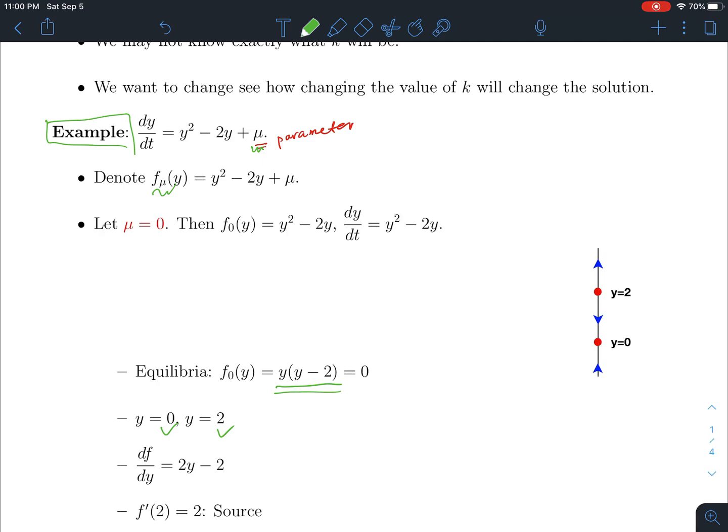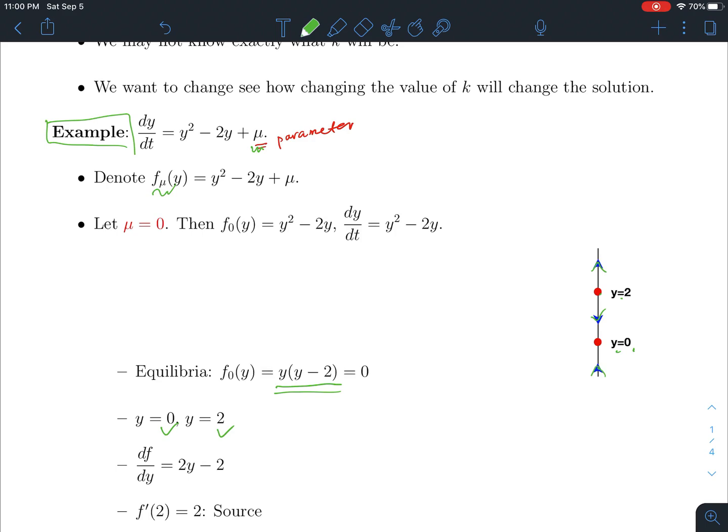On the phase line, the vertical line has 2 equilibrium points. When y is bigger than 2, the arrow points up; between 0 and 2, it points down; and when y is less than 0, it is positive again, so it points up. Look at this phase line.